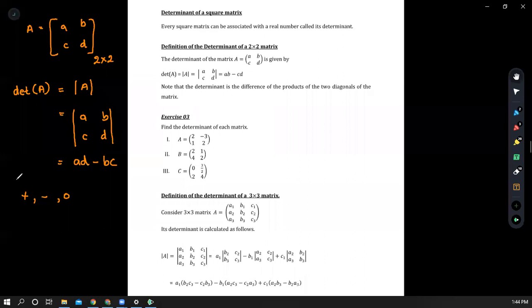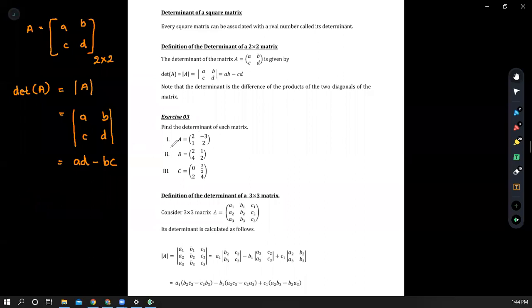All three possibilities exist. But for a square matrix, the determinant is only one real number associated with that matrix. Here I have included some exercises, and I will discuss them now.